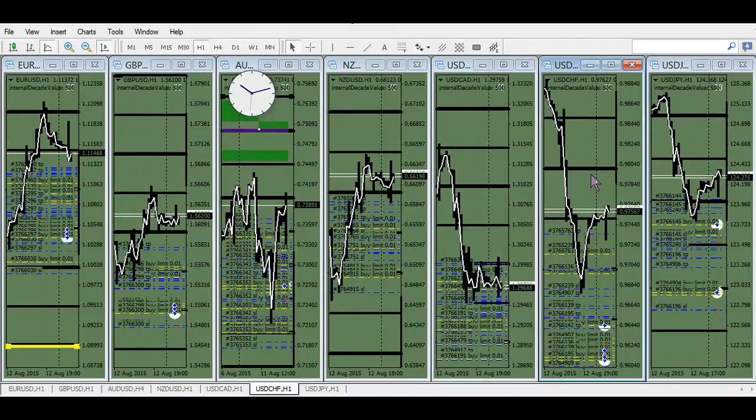You're like, whoa, and you're capturing these things. Some have a 25 pip stop, some have a 50, some have a 75. The one with a 75 pip stop, maybe it's a 150 pip winner, maybe it's a 100 pip winner.